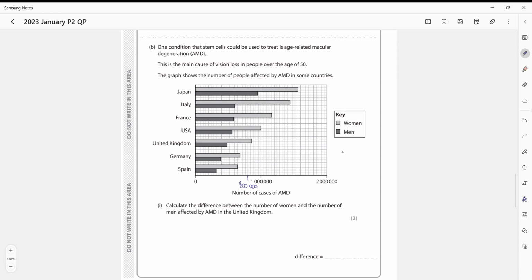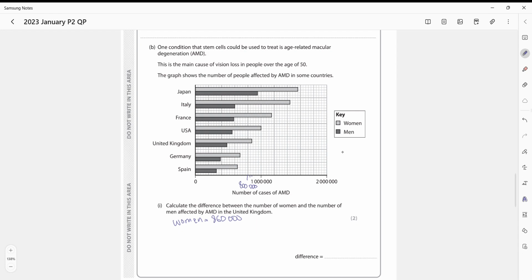So this would be 840,000, and because it's halfway, that would be 860,000. So for women, that would be 860,000.